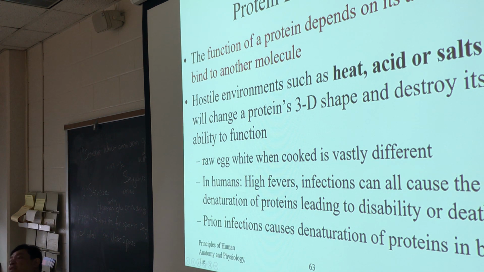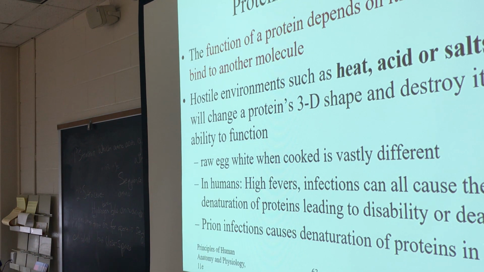We see this all the time. Big example is this. When you cook and you're eating eggs, not the egg yolk, but the egg white, what happens with the egg white when you cook it? It used to be solid and kind of clear, right? But once you start cooking it, it turns fluffy white. Why?